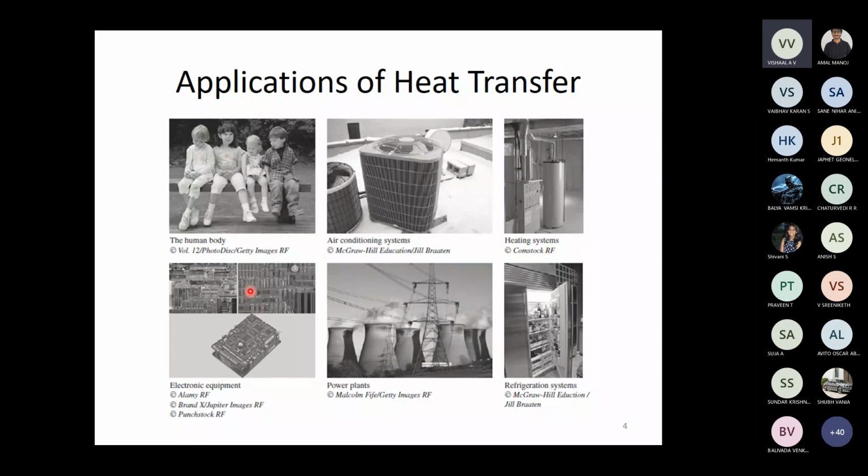In electronic equipment, yesterday I gave you an example of how personal computers about 25 years ago are different from the personal computers that we use now. 25 years ago, the heat transfer studies in electronic circuits, electronic units, and enclosures were not that well developed, and therefore we had to employ air conditioning to operate them.